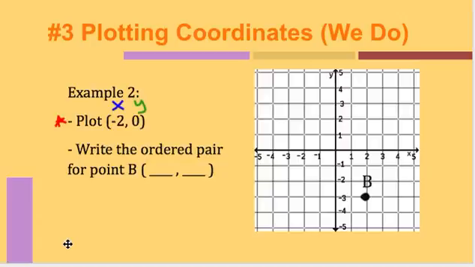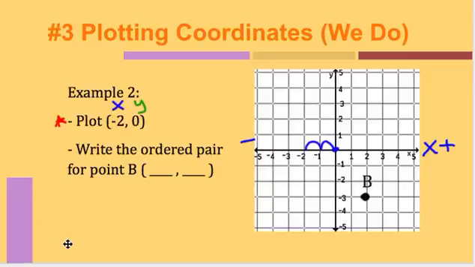Now something interesting is happening here, because when I start from the middle, the first direction tells me to move with my x value. And I remember this is my x-axis, and this is the negative side and this is the positive side. This says negative 2, so I'm going to move left 2 spaces. So 1, 2.